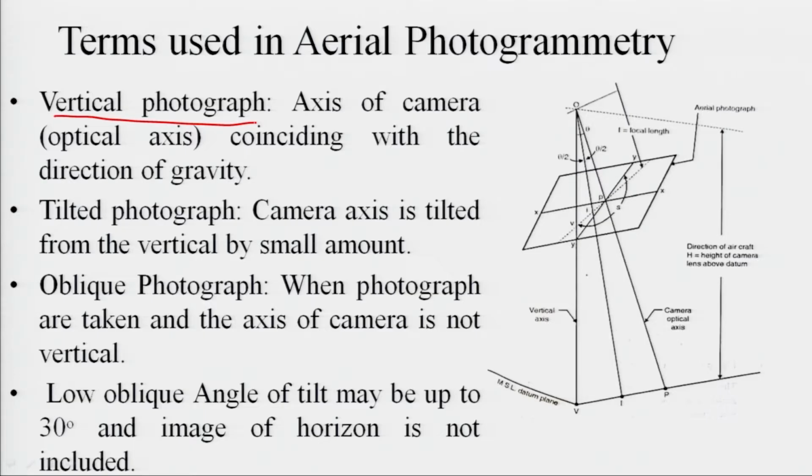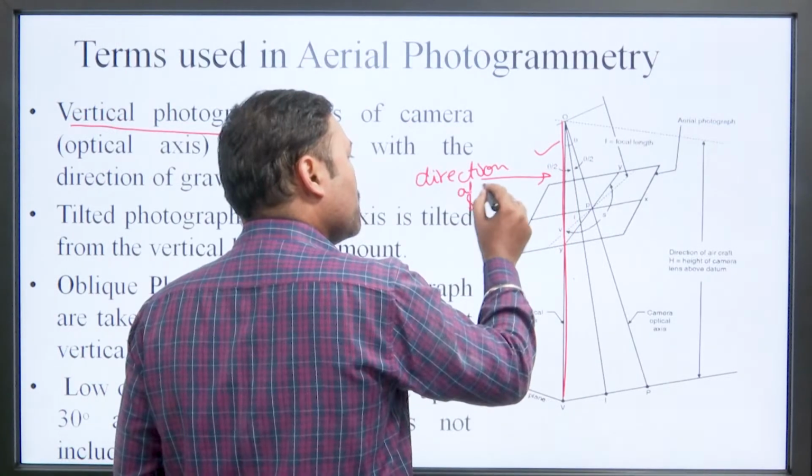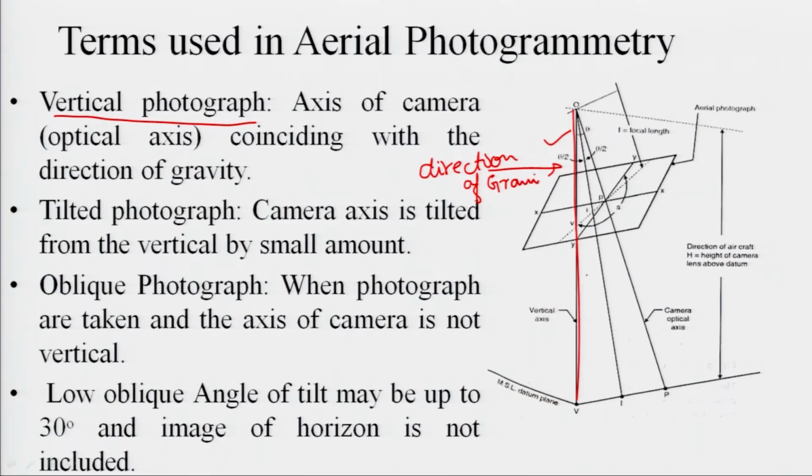We can see this in the diagram that this is the camera axis, and it coincides with the direction of gravity. If the optical axis coincides with the direction of gravity, we obtain a vertical photograph.